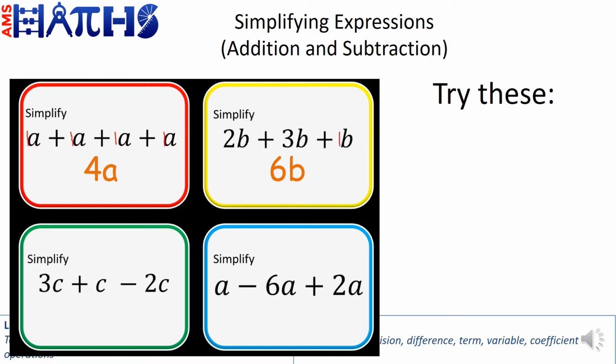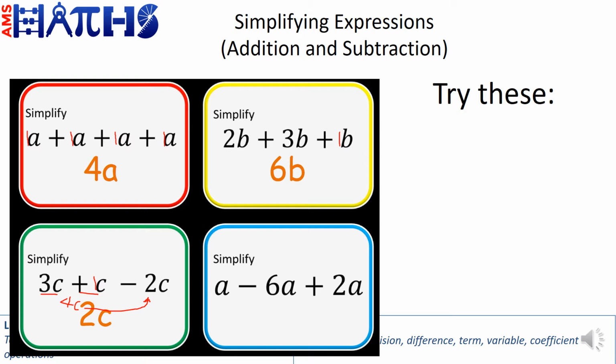In the green box, we need to work out 3c plus c minus 2c. So for the first two, 3c plus 1c is 4c, but we need to subtract 2c's from that. So 4c minus 2c is going to give us 2c's.